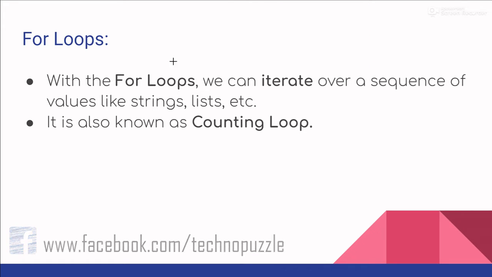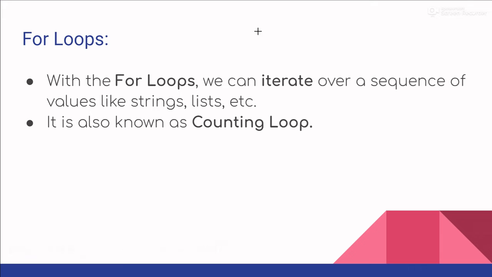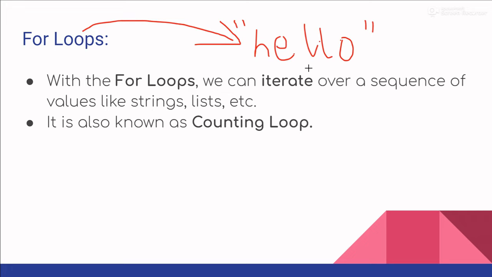For example, let's say we have a sequence of characters here saying H E L L O. So this is a string, as you already know, and we can also call a string a sequence of characters. So using a for loop, we can basically iterate over this. And what do I mean by iterating over this? You will see in a second.